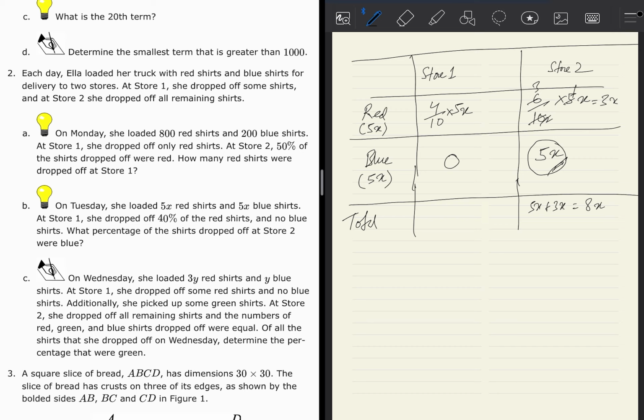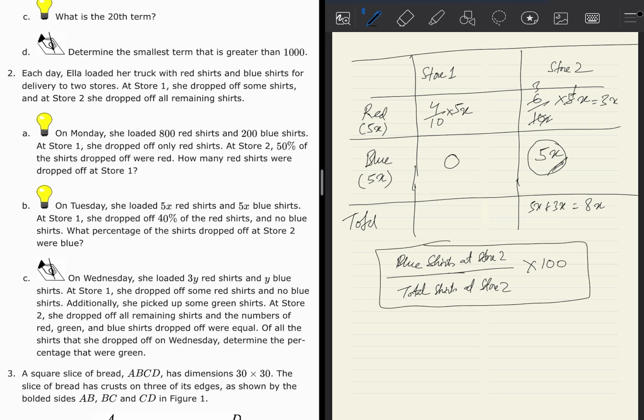So it's very straightforward. The formula that we're going to use is blue shirts at store 2 divided by total shirts at store 2 multiplied by 100, and we'll get the percentage.